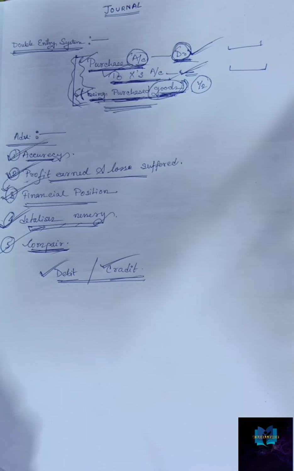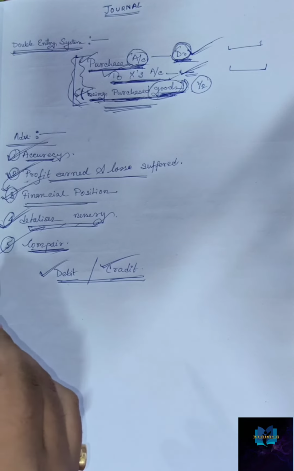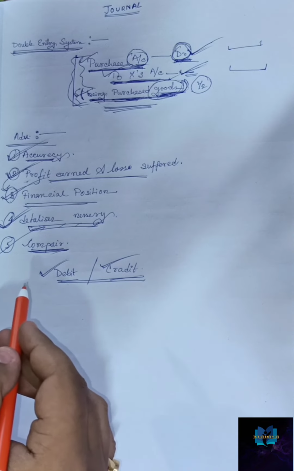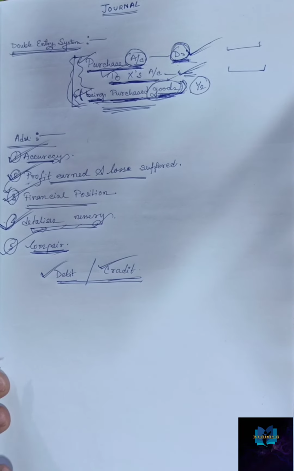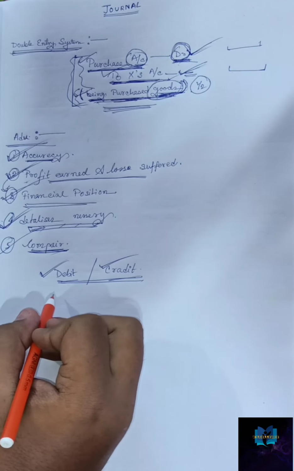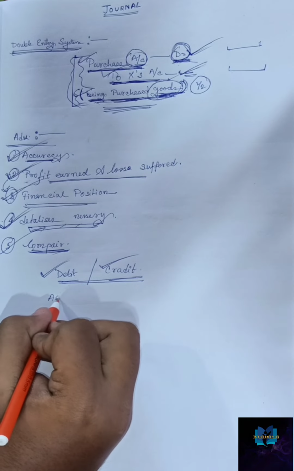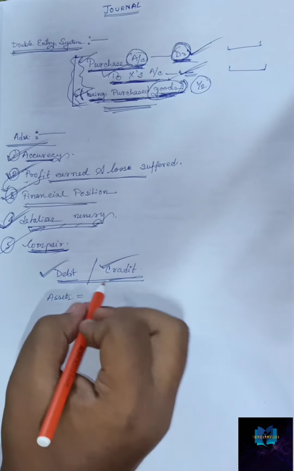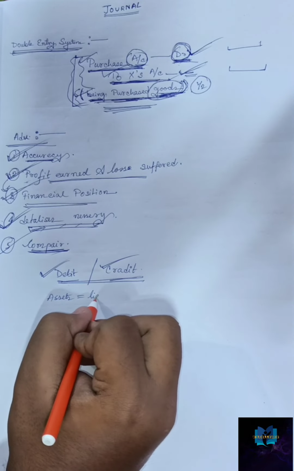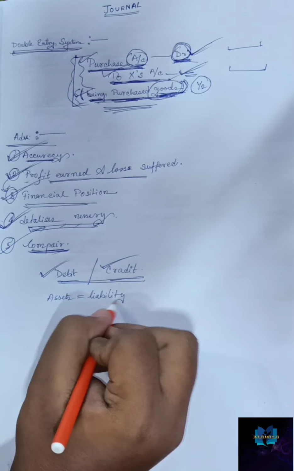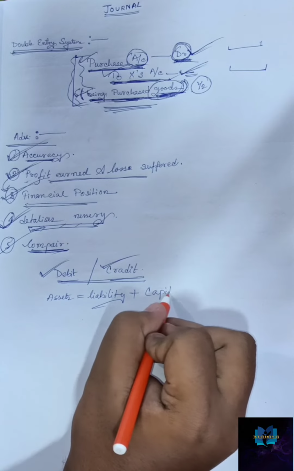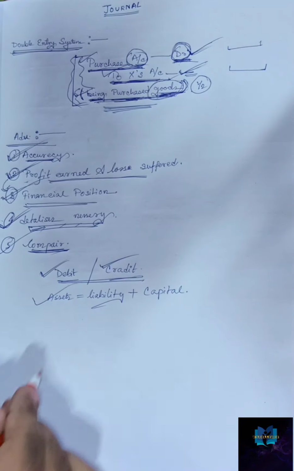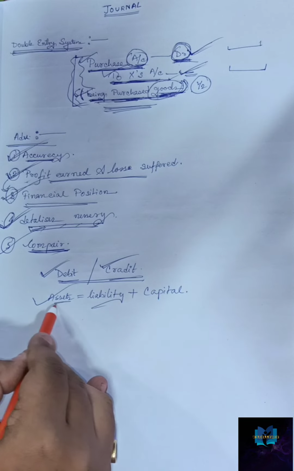And in some cases in the examination we also get how much is the asset and how much is the liabilities. These types of sums are also given. So when we get those sums, we can write the formula: assets equal to liability plus capital. This is the formula to get the asset.